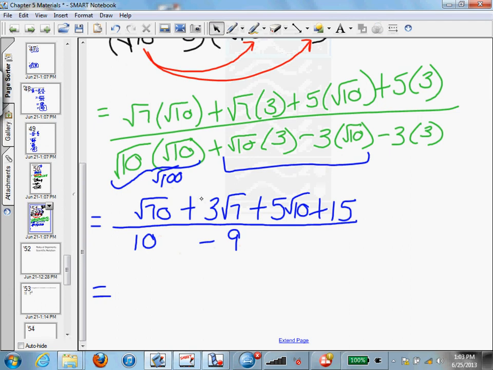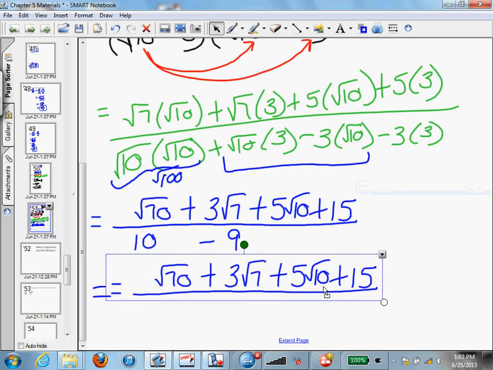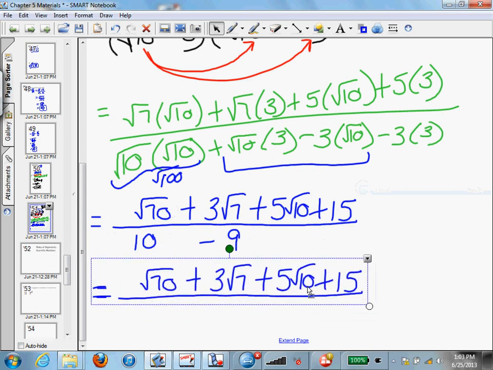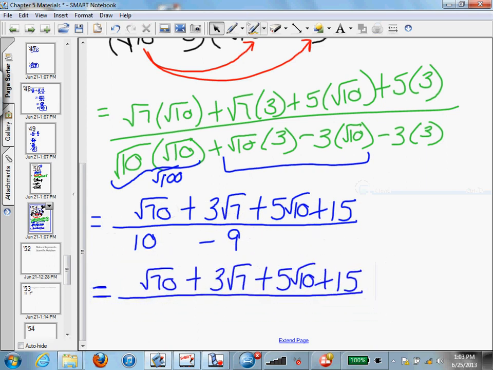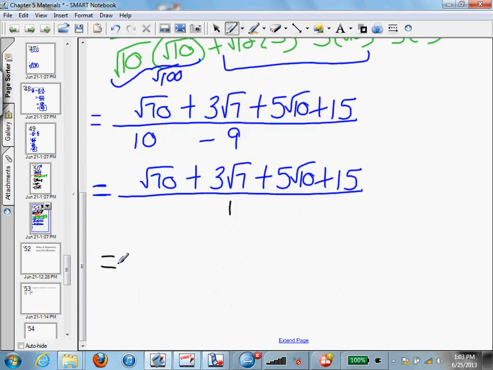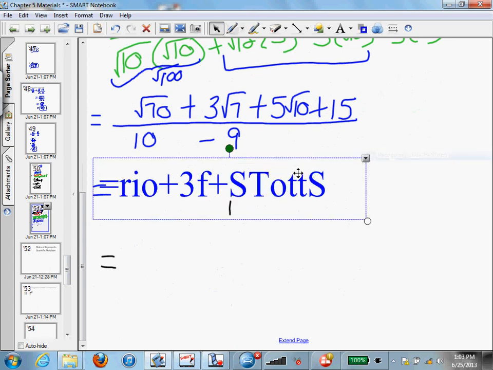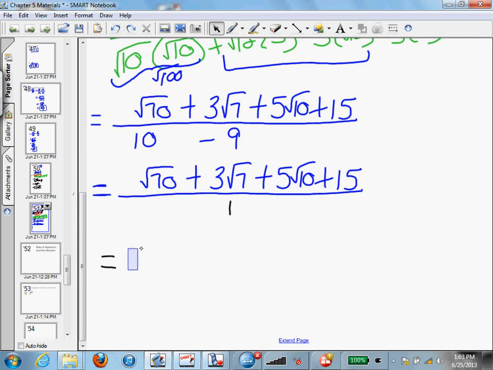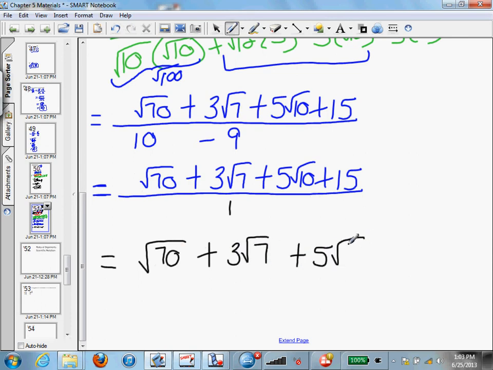And as you can see, after we do this bottom division, we're going to be left with 1, or just the answer being equal to what we have on top, and that being the square root of 70 plus 3 times square root of 7 plus 5 square root of 10 plus 15.